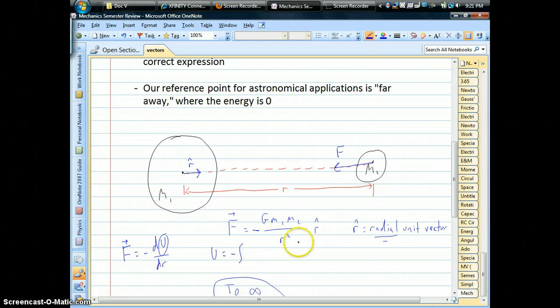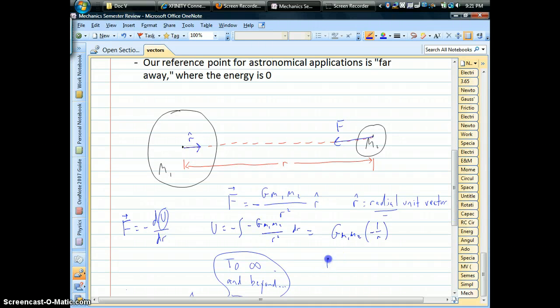Okay, it's the negative integral of the force, which is negative GMm over r squared. We'll bring that dr up. And what this does is the minus signs take care of each other. Big G, m1, m2 are constants. And so we have the antiderivative of 1 over r squared, which happens to be negative 1 over r.